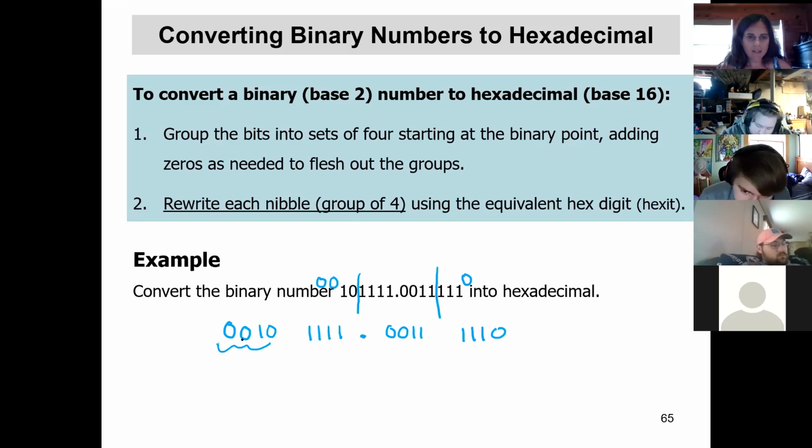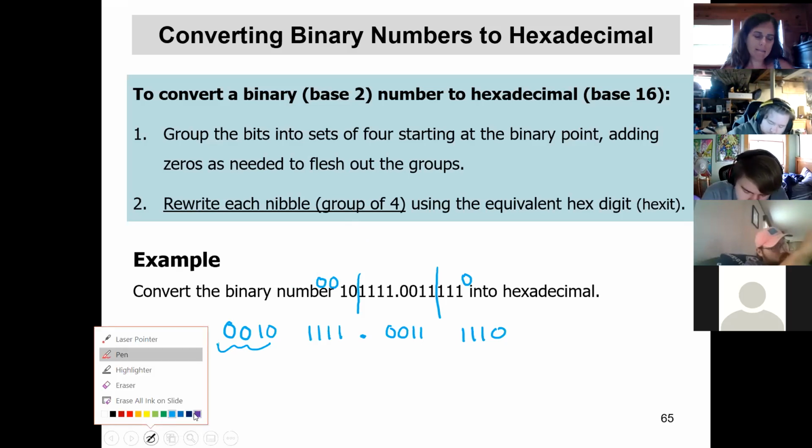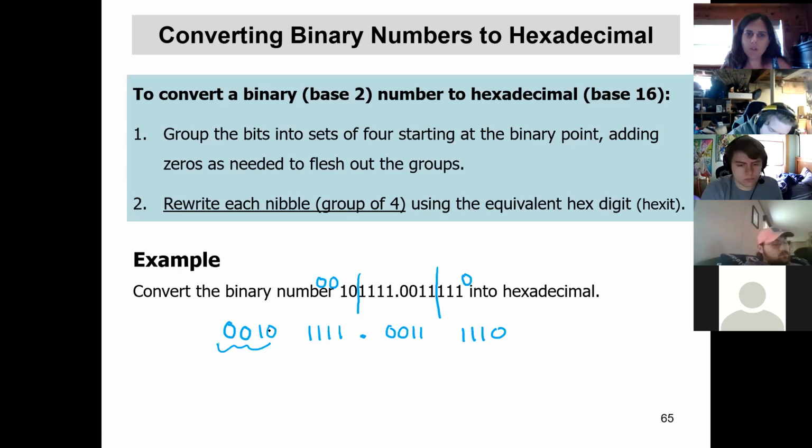Thinking about what this number represents, you can use the chart. If you look at 0010, what does this number represent? What would this be? 2. Right? Remember this is 2 to the 0 power, this is 2 to the first power, 2 to the second power, 2 to the third power.